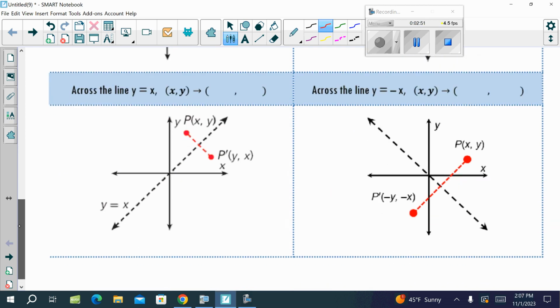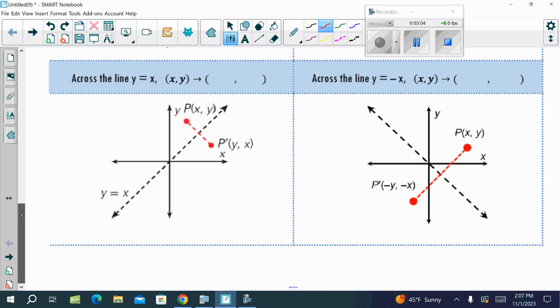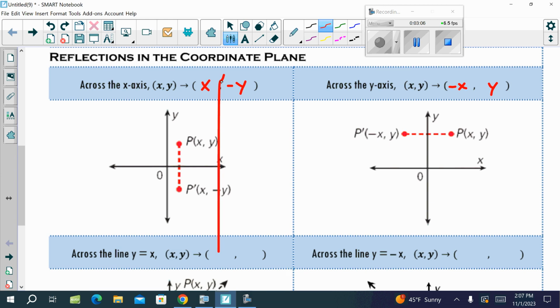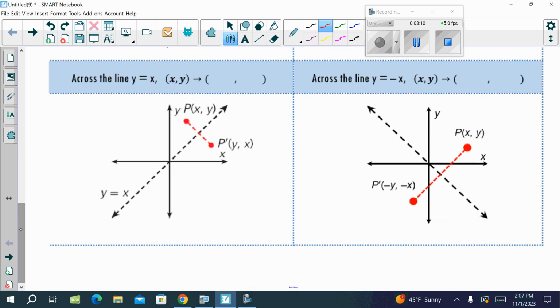If we reflect over your diagonal, so a positive diagonal, y equals x, then we flip our y and x. So if we start there at point P, we reflect over the diagonal, positive diagonal line, we end up at y comma x.